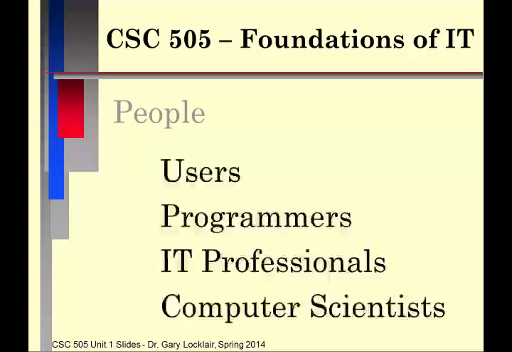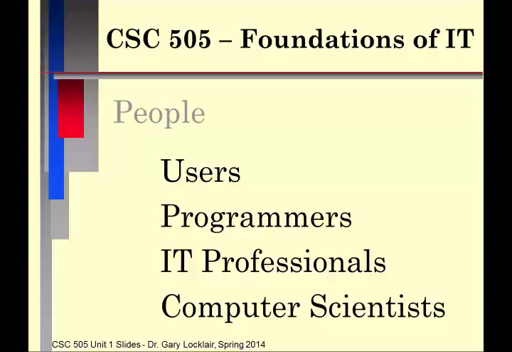For us, people can play lots of different roles. We can interact with people who are users. We ourselves are oftentimes users of technology. We can interact with people who are programmers. We ourselves can sometimes be programmers. As a matter of fact, you're going to experiment a little bit with programming in Java. We're going to be IT professionals, and we've already talked about computer scientists. There are a number of roles that people play.